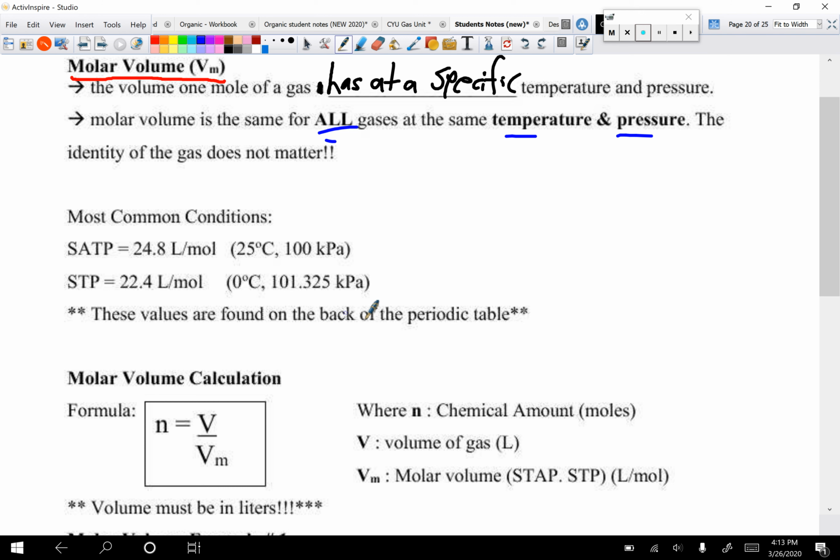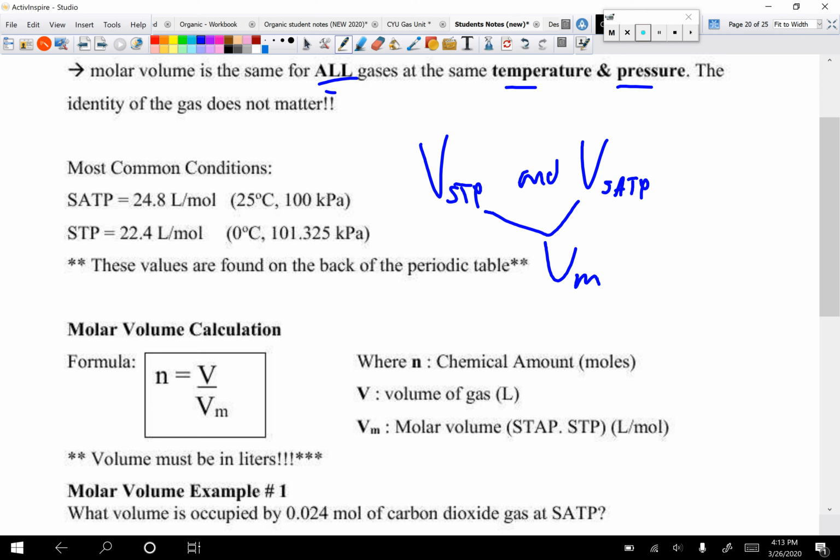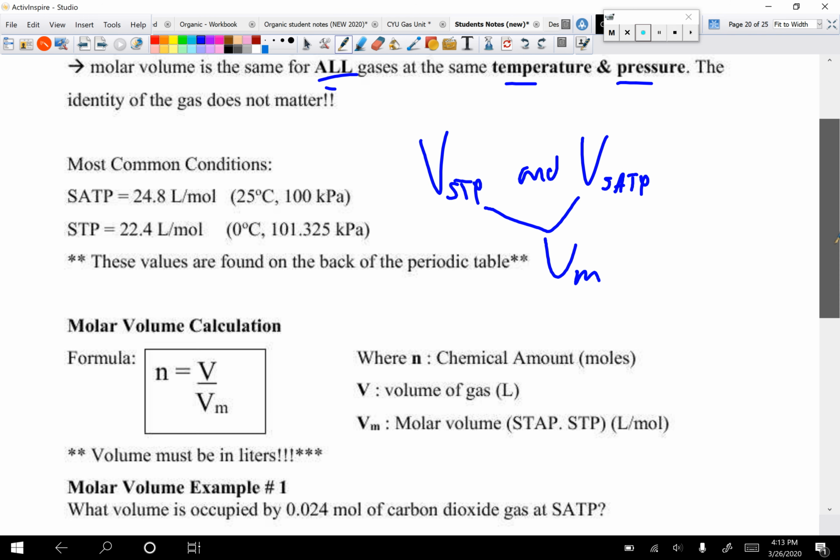These values can be found on the back of your periodic table in the bottom right-hand corner, where it's going to read VSTP and VSATP. Now, just for our equation, these are going to be converted into Vm for molar volume, just because we can be talking about any of these standard conditions, so we can just put it in once we read the question, know which one we need to use.